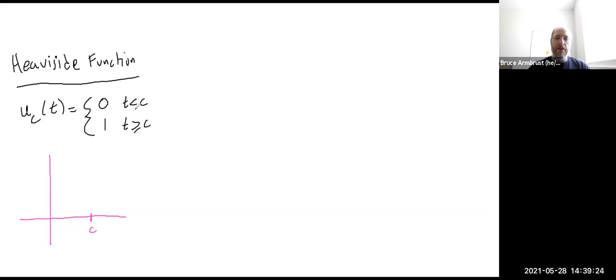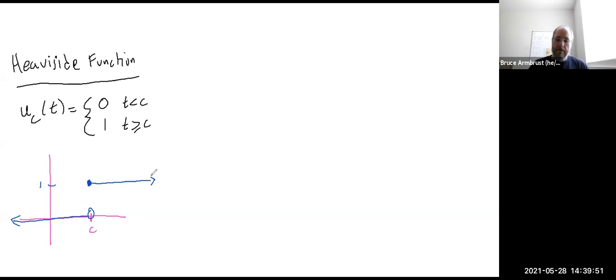We get 0 when we're less than c, and then we get 1 when we're at c or further on. Ta-da! There's the Heaviside function.